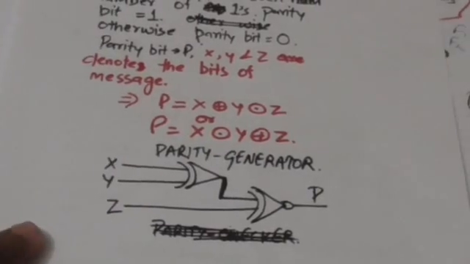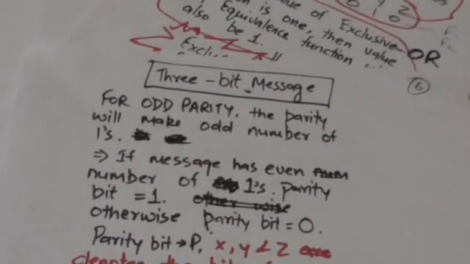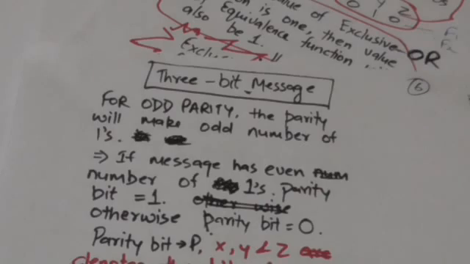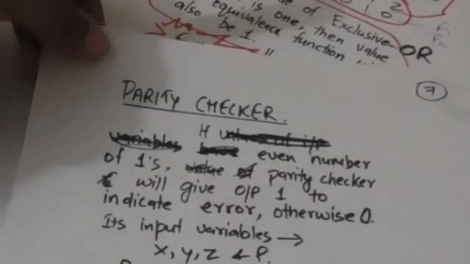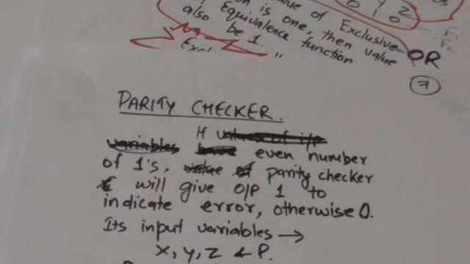Now let us design a parity checker for odd parity of 3-bit messages. Now, a parity checker is a combinational circuit at the receiver side.